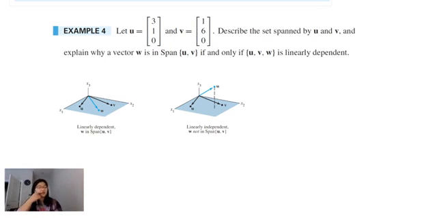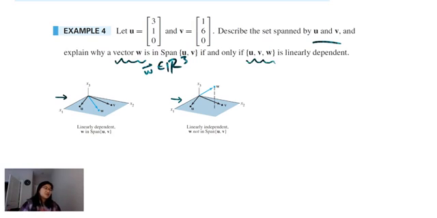So if we have two vectors in R3, u and v, the set spanned by u and v is a plane, right? It's going to be this plane down here. So a vector w, some other vector in R3, is in our span of u, v, so this plane, this flat part, if and only if u, v, w is linearly dependent.